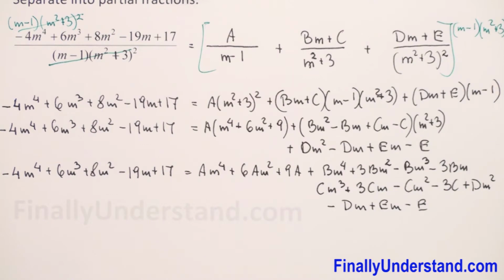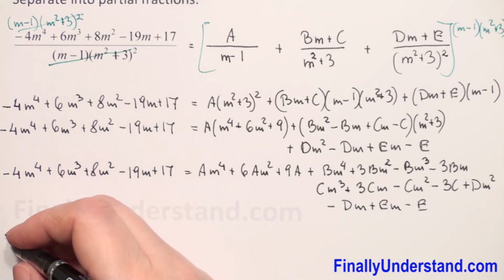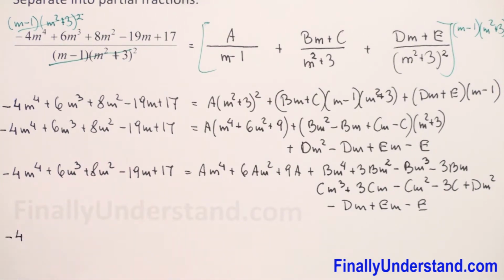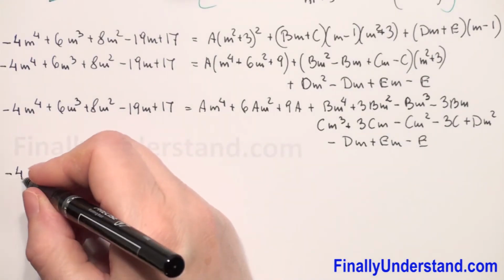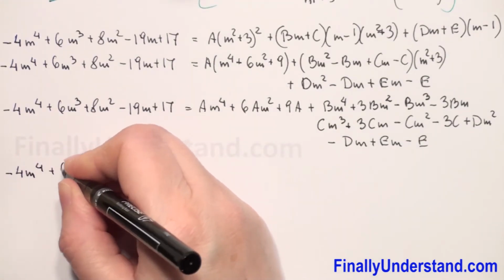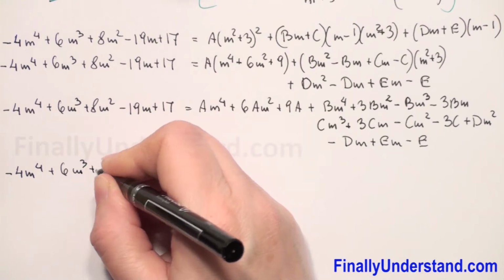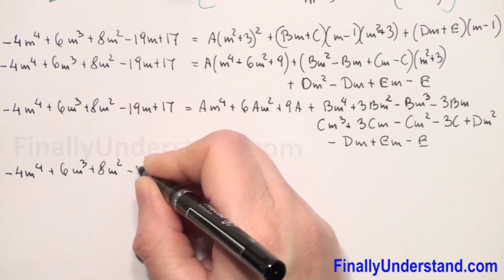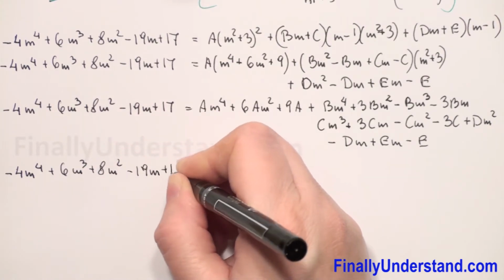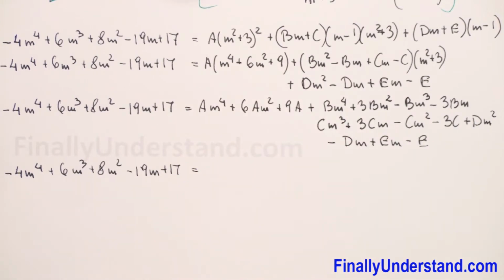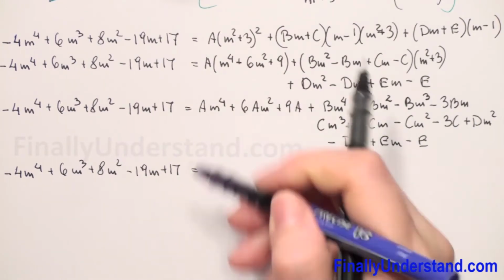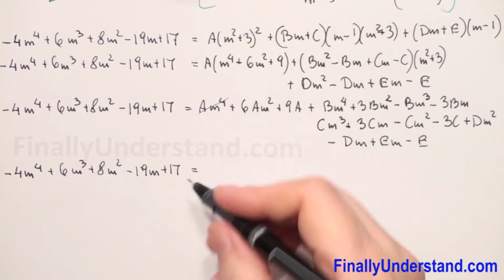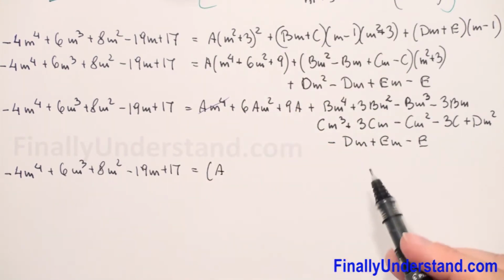So now we have to combine the like terms on the right side. The left we rewrite. So this is equal. First the expression with n to the 4th power: we have a and b.